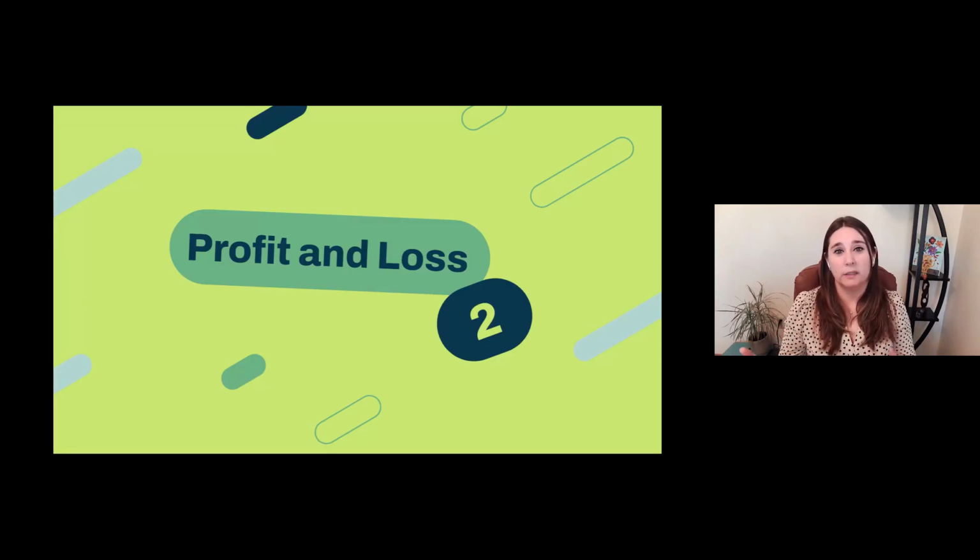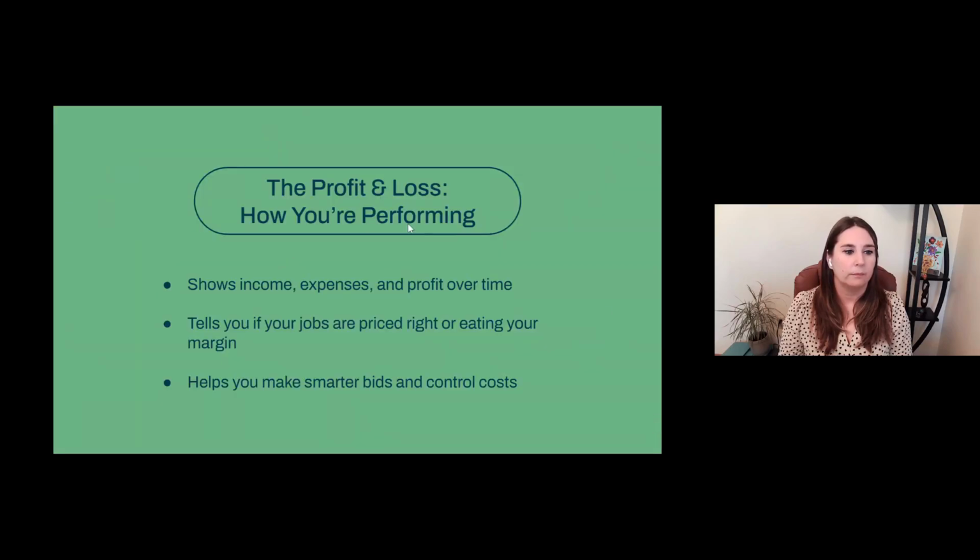And that's where ultimately the profit and loss is helpful, but the three financials together is really telling that full story. It can help you create smarter bids, control costs, all the things that we had chatted about.